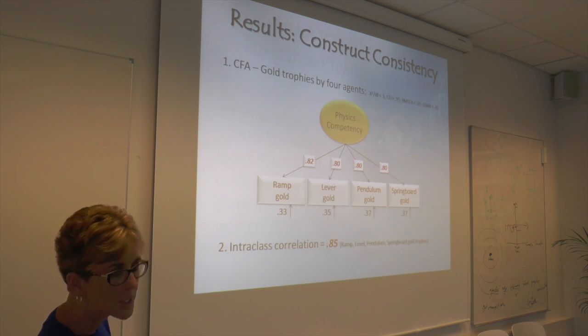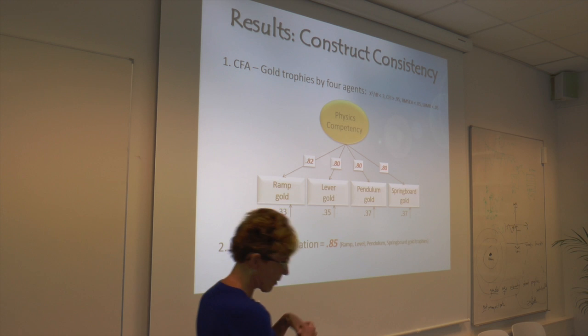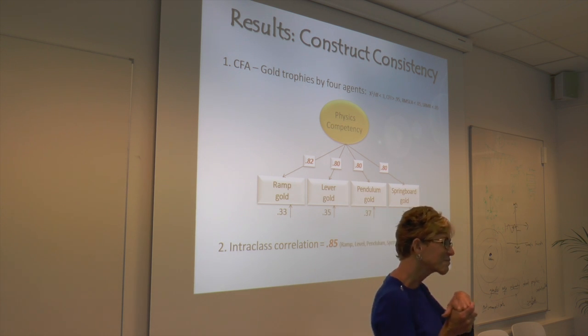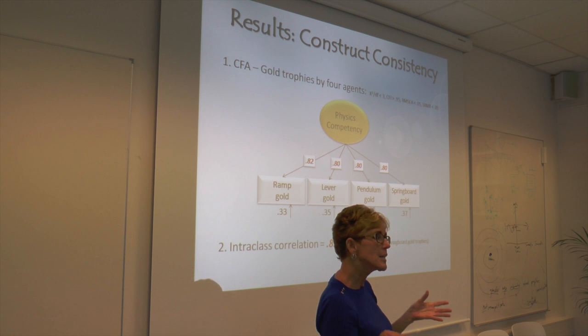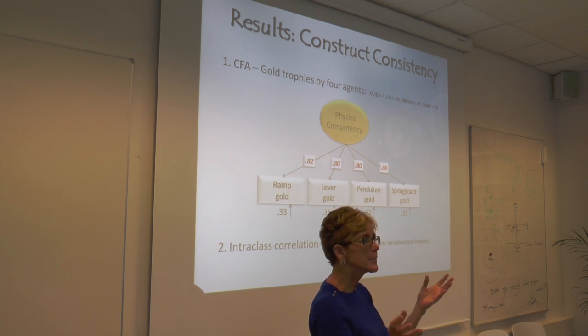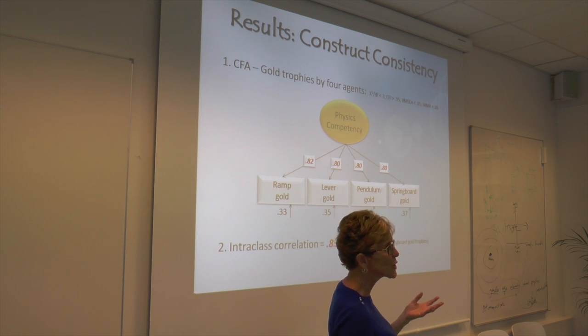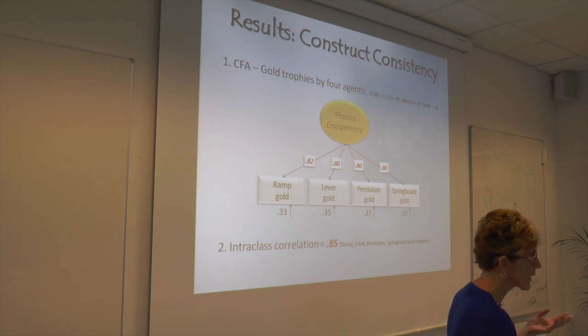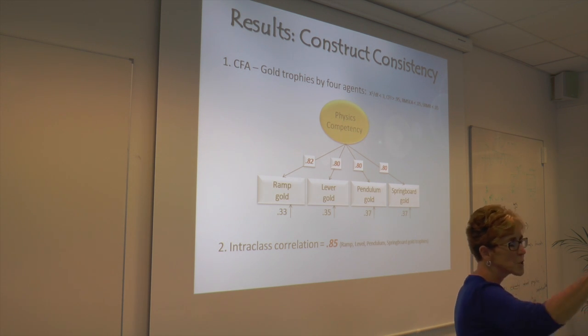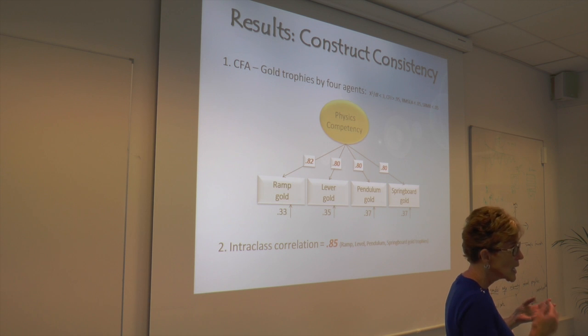In terms of reliability, because it was a nonlinear game, to figure reliability, usually you have a pool of shared items and you look at the reliability of them. But in this case, people solve different levels.